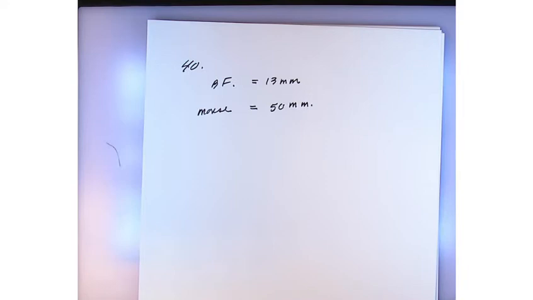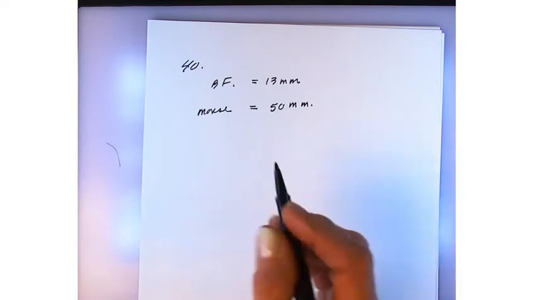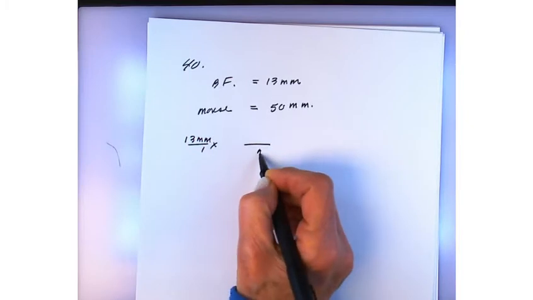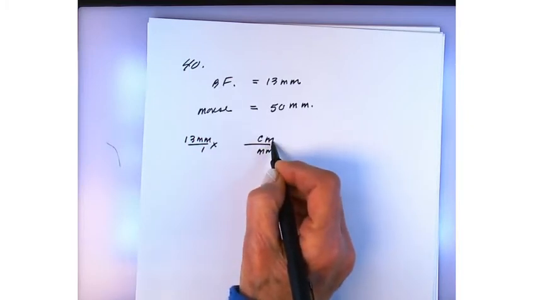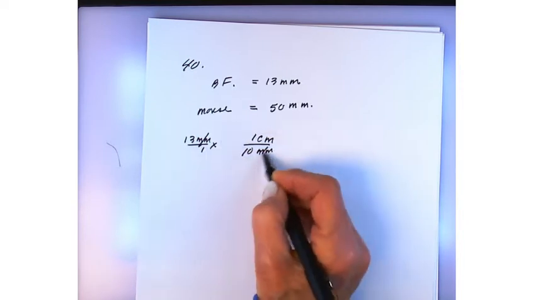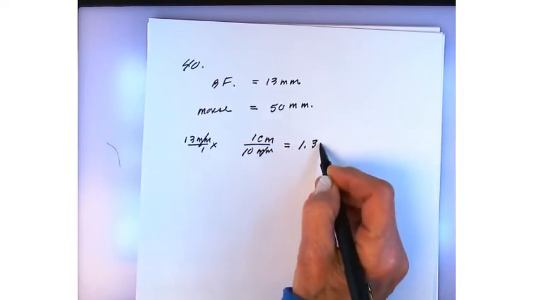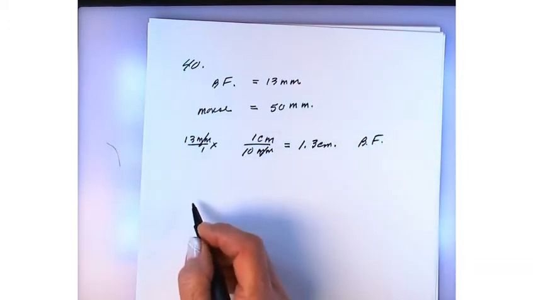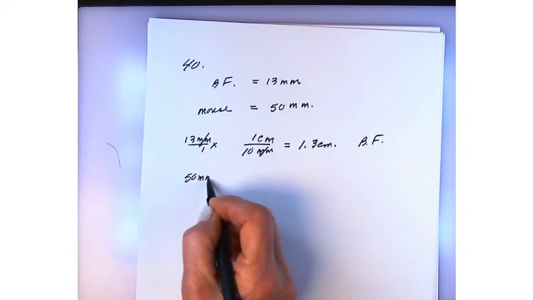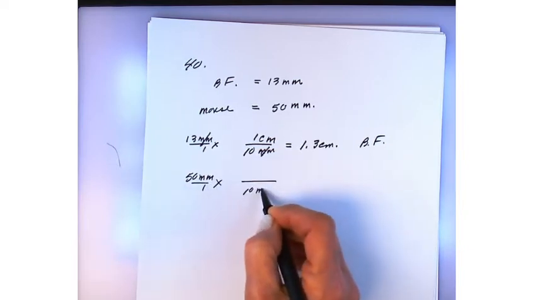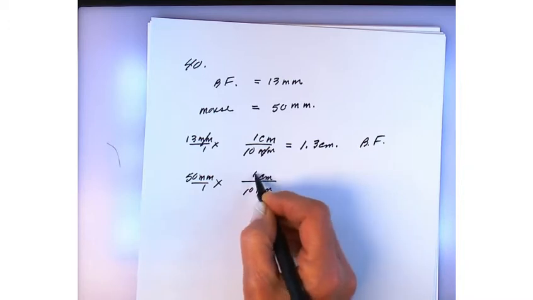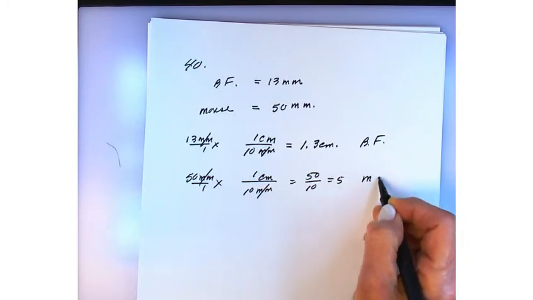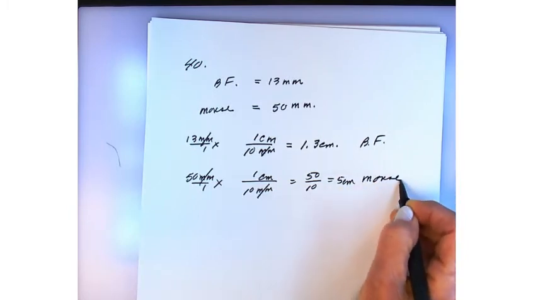Then convert it to centimeters. So 13 millimeters, out go the millimeters, in come the centimeters. It takes 10 millimeters to equal 1 centimeter, and we get that the butterfly is 1.3. For the mouse, same thing. Do you see how repetitious this is? The millimeters cancel. We get 50 over 10, 4 centimeters for the mouse.